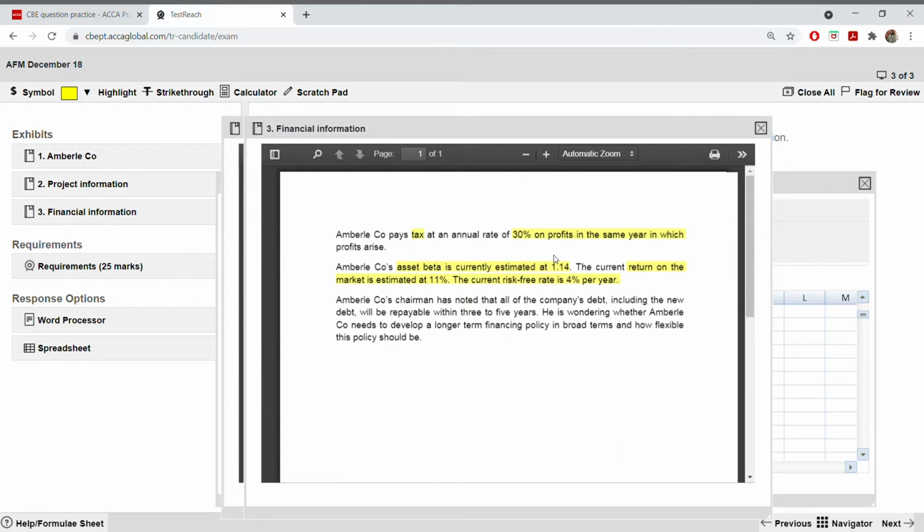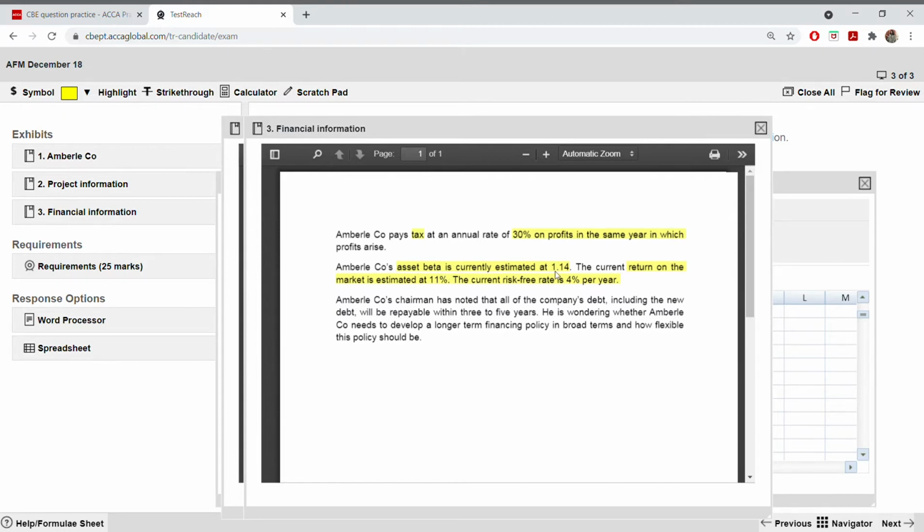Most of you will be confused how to find cost of equity, because what they have given is asset beta and risk-free rate and market risk premium. So you must be wondering where's the equity beta and struggling to find out. This is the mistake you have to avoid. You have to first understand the question is not normal net present value. This is an adjusted present value question. So when you're calculating net present value, cost of equity you can find by asset beta.